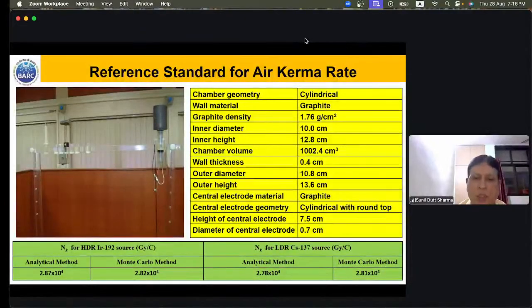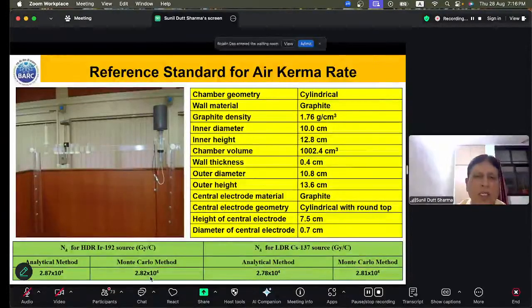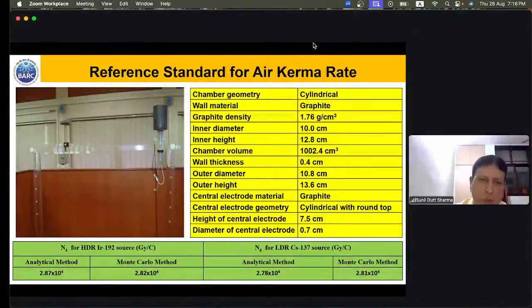But in case of kerma, we hardly think of what has happened to the energy transferred to a given point of the medium. So we need to fabricate or design radiological standards, mainly ionometric standards, which can work as a reference or at least reference standard for calibrating the bell type chamber of the hospital.